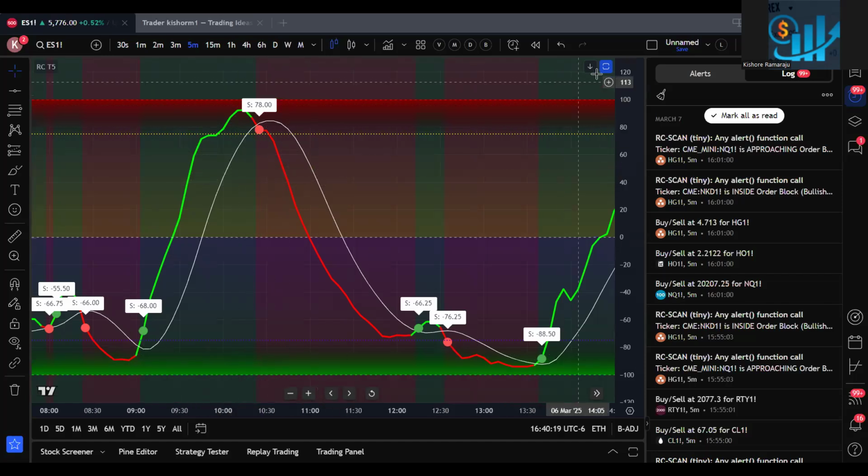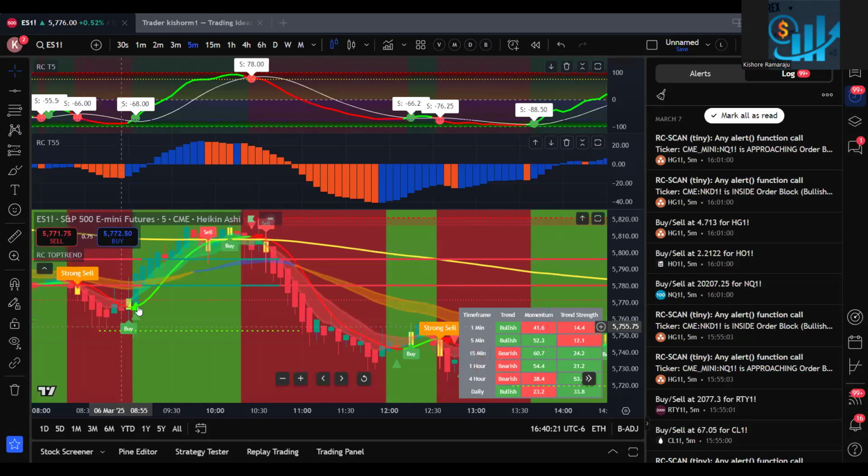So whenever you get a buy signal, if you see your score anything close to minus 70 or lower, that is a good opportunity. Or whenever you get a sell signal, if you see a score of 70 or above, that is a perfect short opportunity.